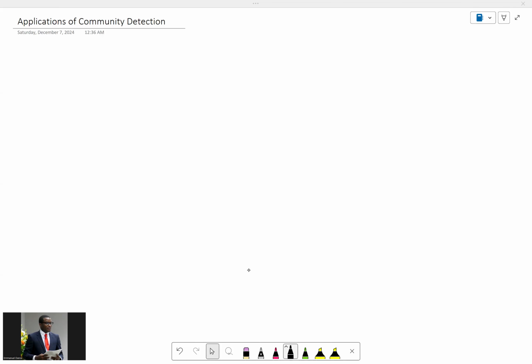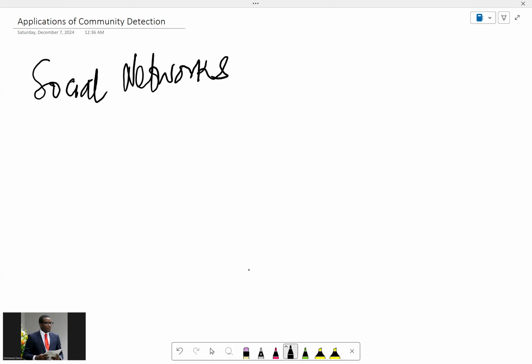We can take quite a few examples under applications. I'll go straight and start with social networks. What are some applications? How can we detect communities on social networks?